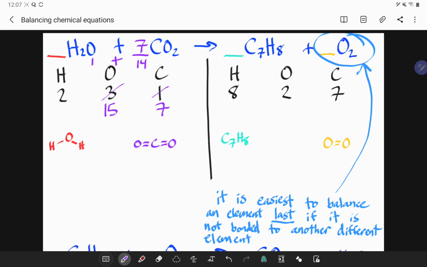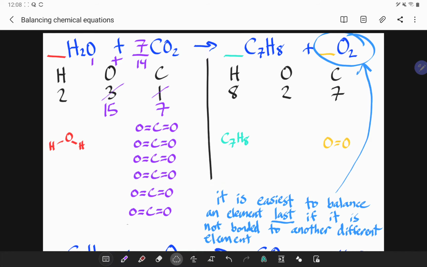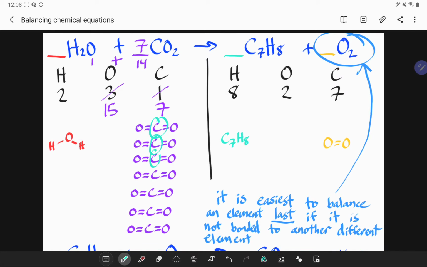And let's draw that here so that we can count. I think a lot of us like to visually see what's going on. So I don't just have 1 CO2, I have 7 CO2s. 1, 2, 3, 4, 5, 6, 7. And when I count these, I see that I have 7 carbons now.